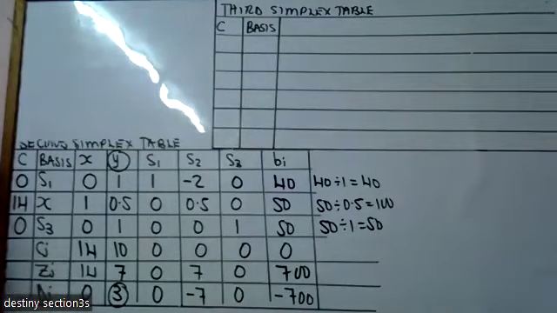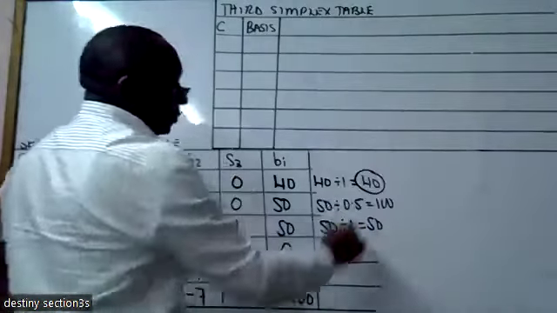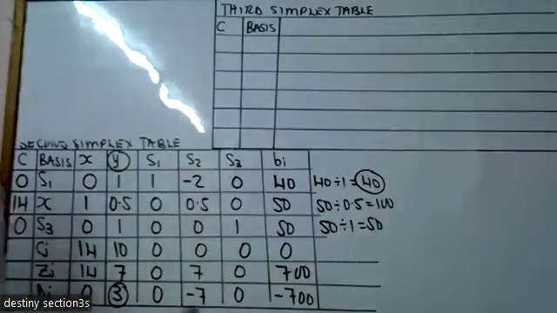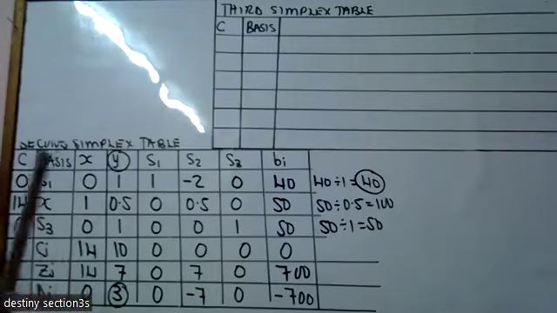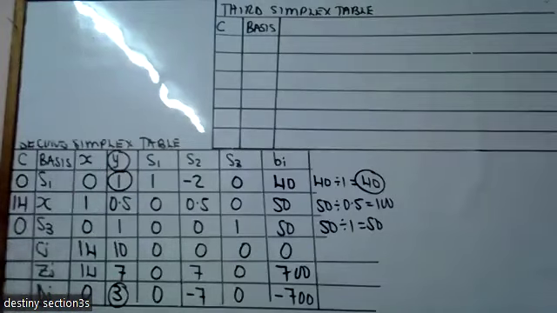So we pick the smallest. So the smallest is this 40. The value at the intersection here, that becomes our key element. And this one here becomes the outgoing.